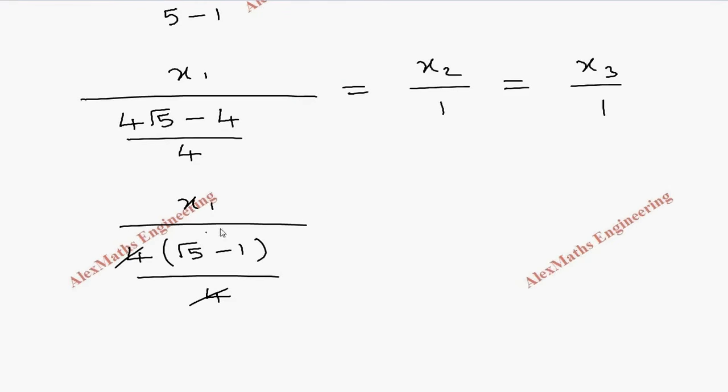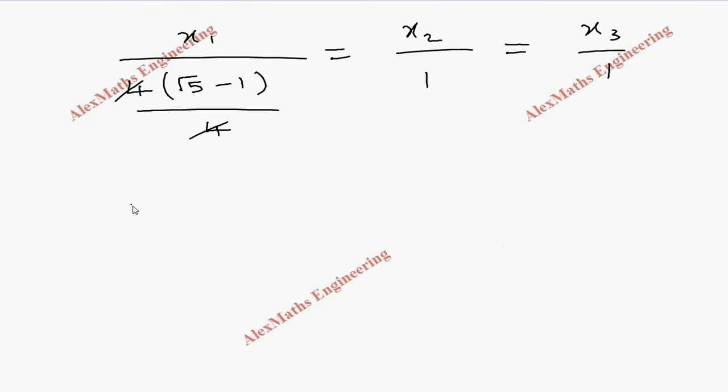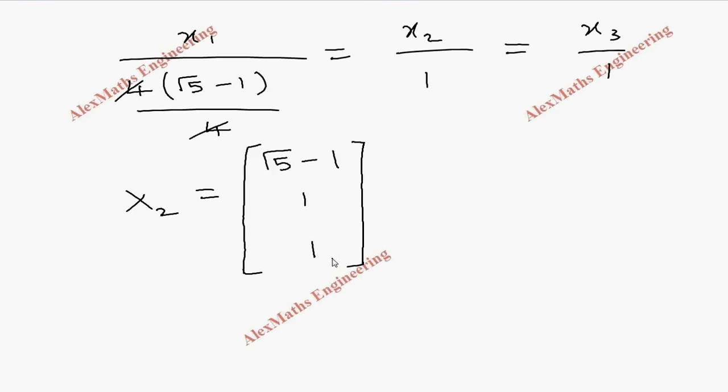We can cancel this, and now we get the values of x1, x2 and x3. So we write the eigenvector x2. First element is root 5 minus 1, then 1, then 1. So we got the eigenvector x2 corresponding to the eigenvalue lambda equal to root 5.